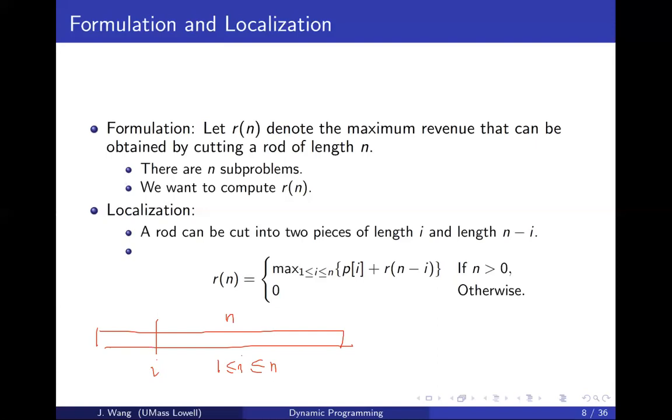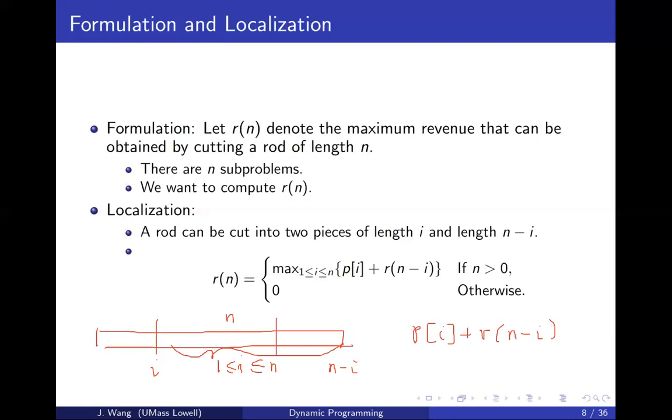So when I fix this, I know I can sell P of I plus R of n minus I, because the remaining part, n minus I, can also be cut. I don't know where to cut it, but I can just use R of n minus I to represent it.